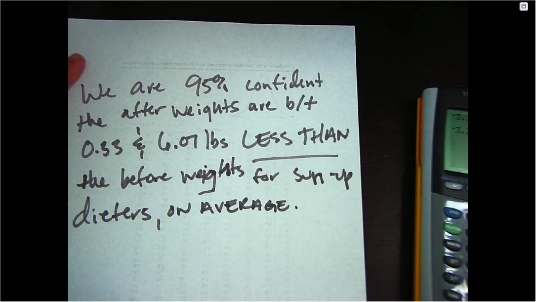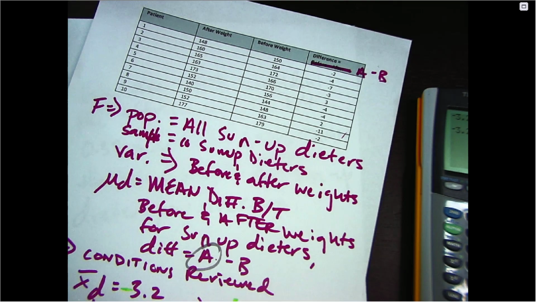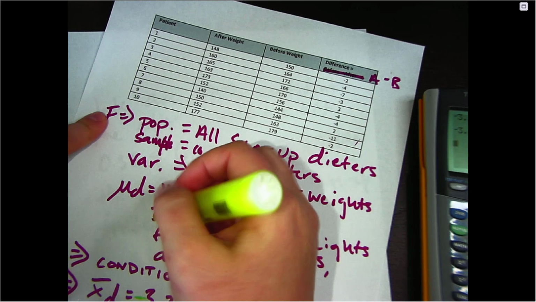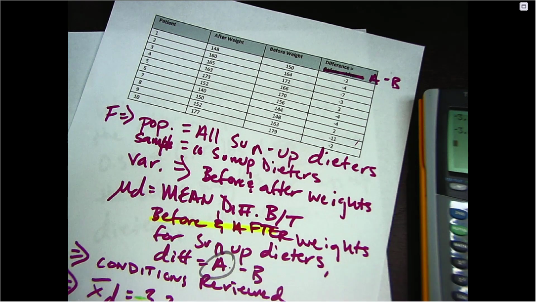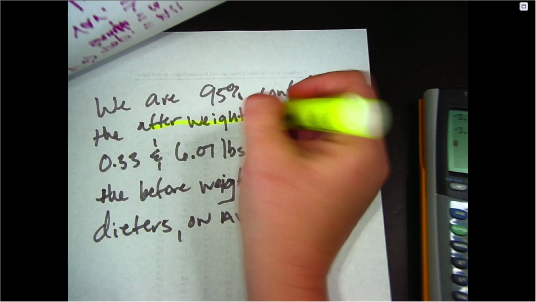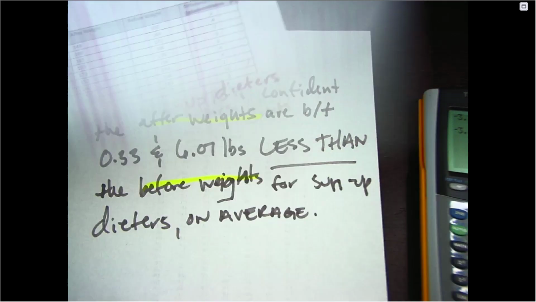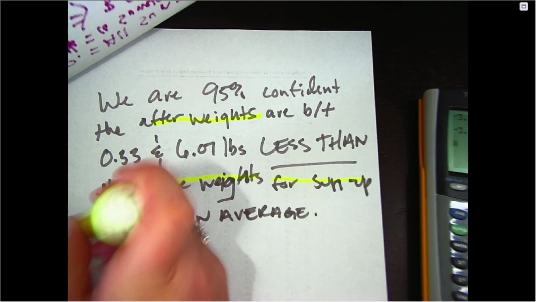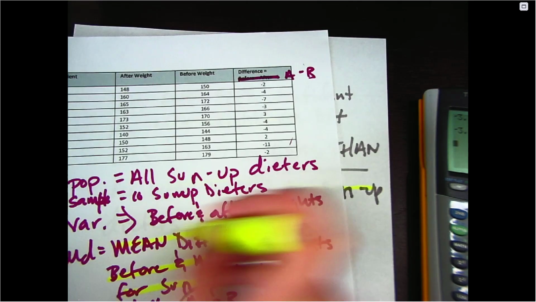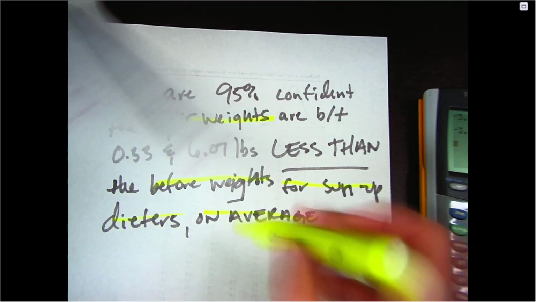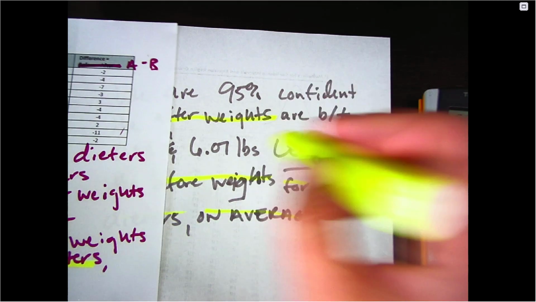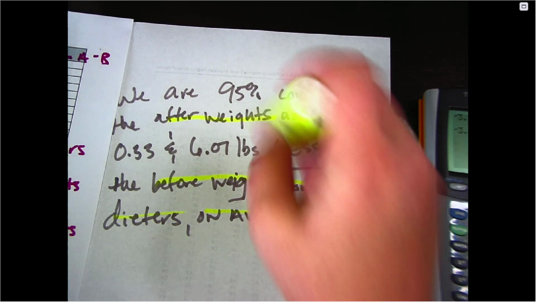Okay, so here you can see I have my two variables, so that's part of the parameters, before and after. I have my population, the Sun-Up dieters. On average is the term mean. So that's my parameter.